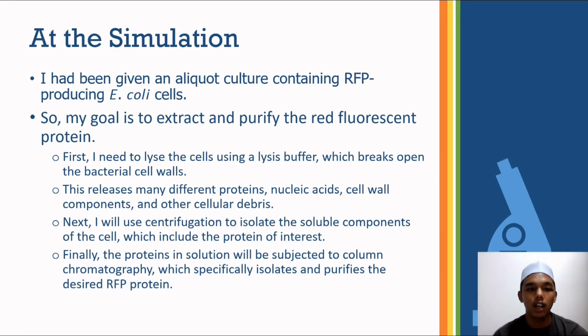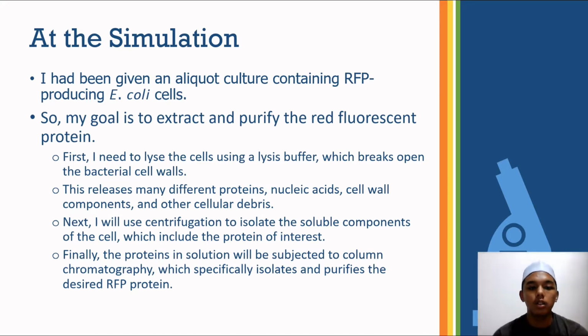In the simulation, first I have been given an aliquot of culture containing RFP producing E. coli cells. My goal is to extract and purify the red fluorescent protein. First, I need to lyse the cells using lysis buffer, which breaks open the bacterial cell wall. This releases many different proteins, nucleic acids, cell wall components, and other cellular debris.